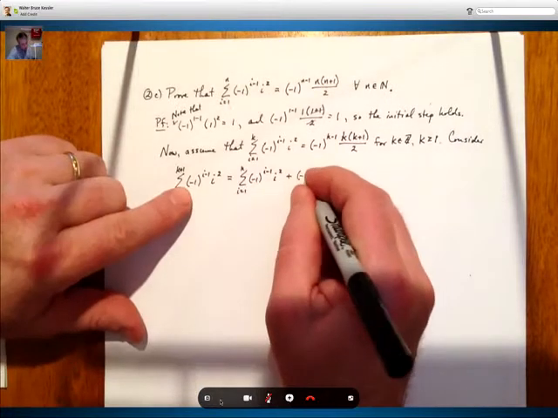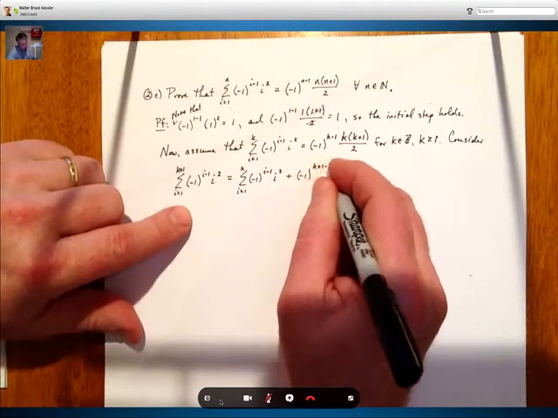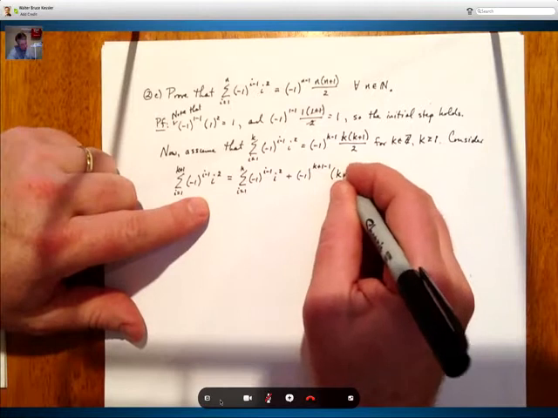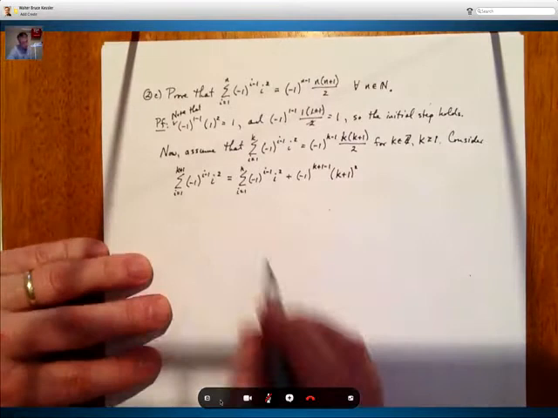And then the last term would be, okay, we've got a negative 1 to the k plus 1 minus 1, that's here, and then we've got k plus 1 quantity squared.